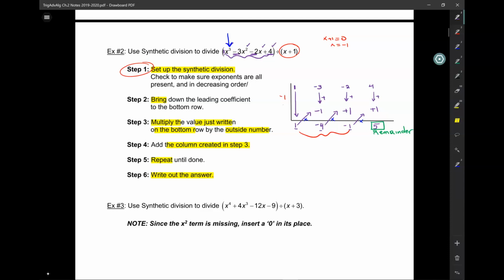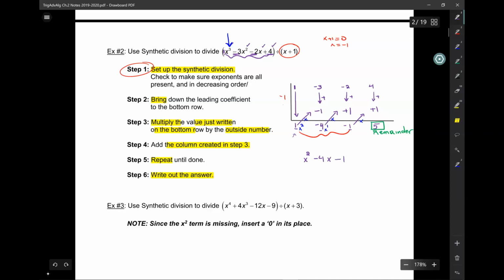So if my new polynomial is going to have a highest exponent of 2, then the way it's going to look is I'm going to have x to the 2, and then I count down x to the 1, and then x to the 0, which is just nothing. So now my answer is 1x squared from here, which is x squared, minus 4x minus 1, right?